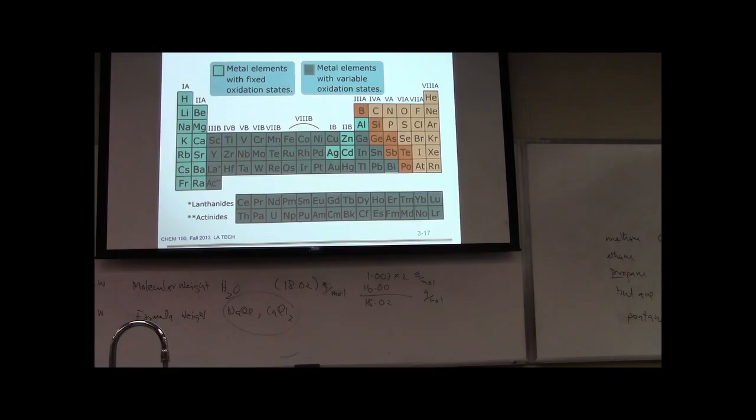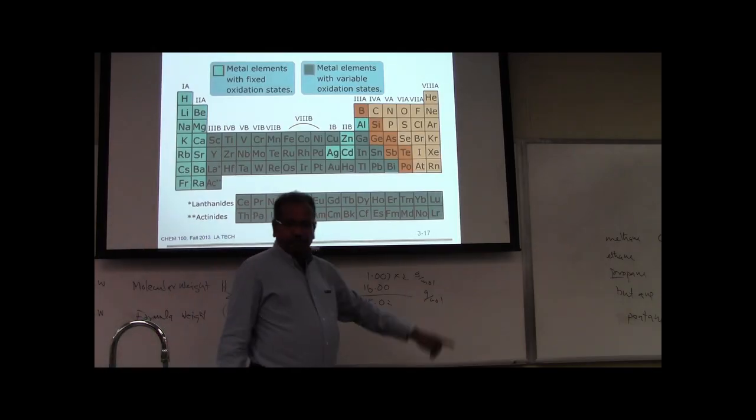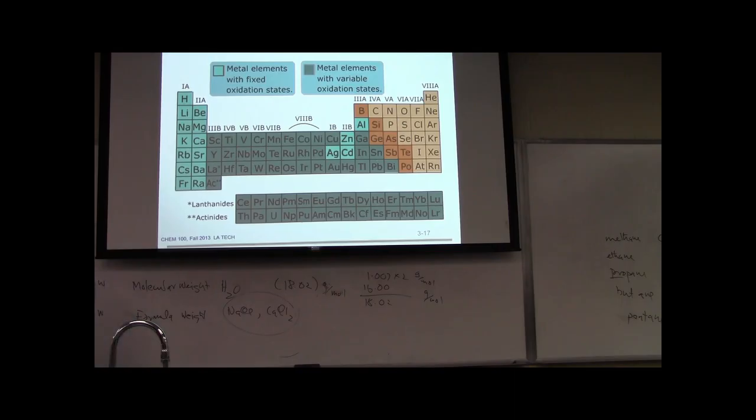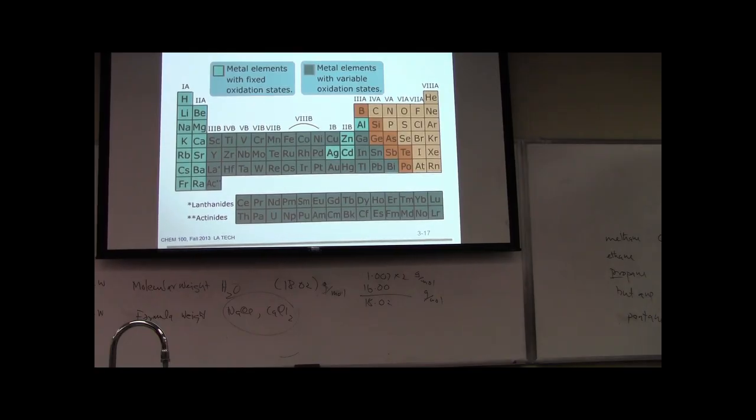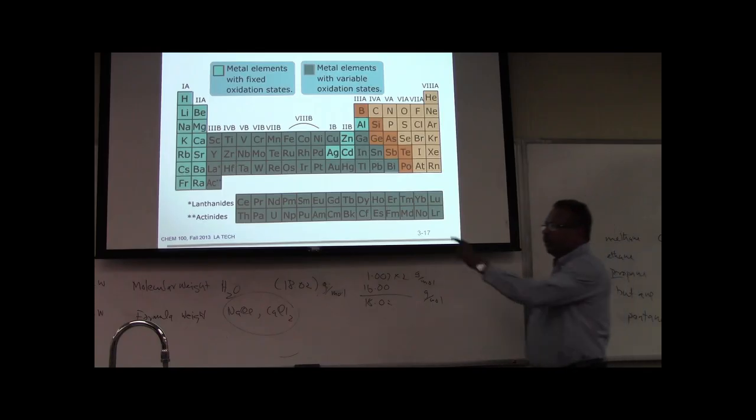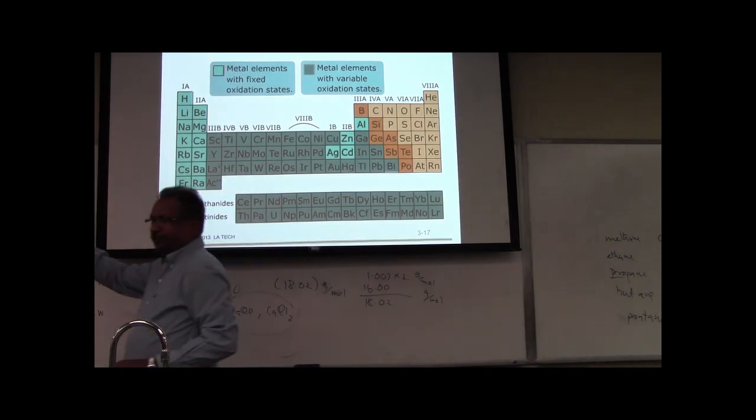Type 2 includes the lanthanides. If we have a problem later, like what is the name of this compound? It's a type 2, so you have to tell in parentheses what the charge is. Oxygen is normally 2 negative.